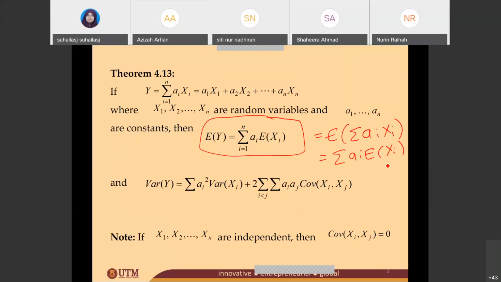Okay, so if you have your variance, kalau kita nak compute variance, sebab ini multiple variable, yang tadi kita ada variance X plus Y saja, two variable.